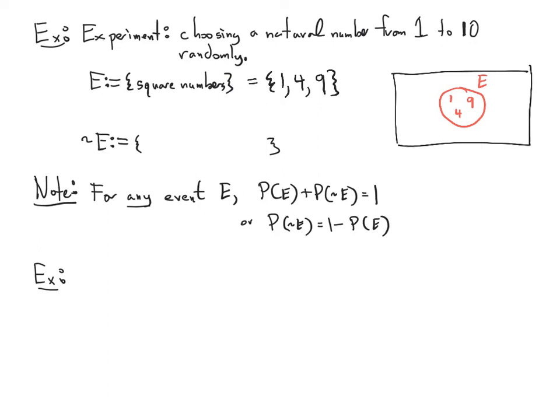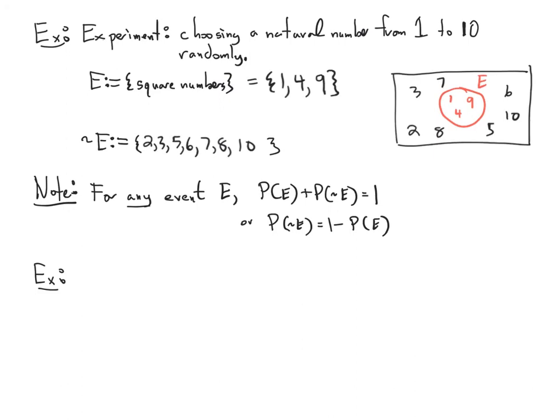So they will be outside. So it'll be a 2, a 3, a 5, a 6, a 7, an 8, and a 10. So the complement of E is all of those: 2, 3, 5, 6, 7, 8, and 10.